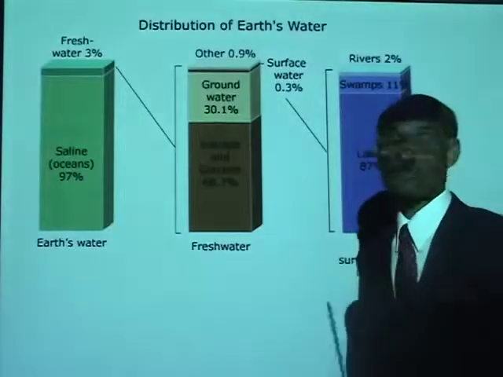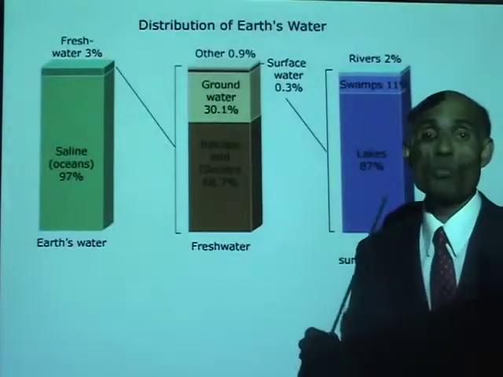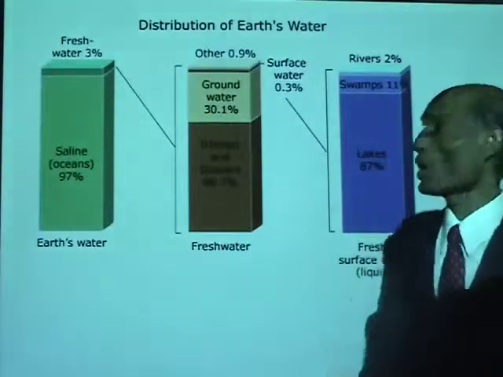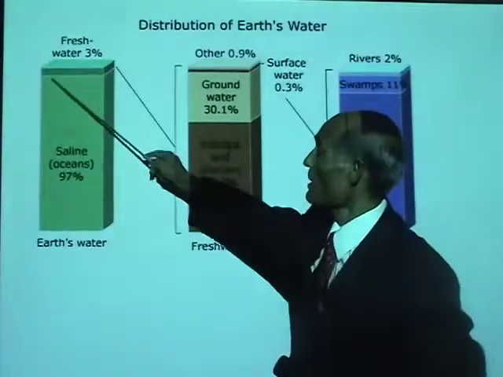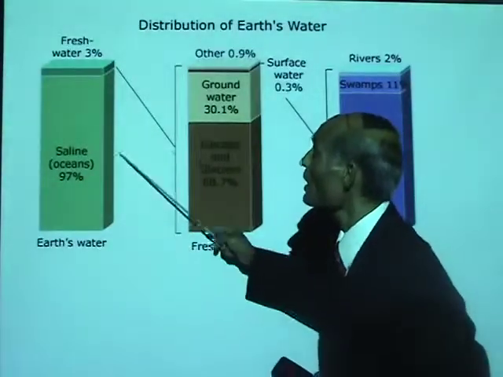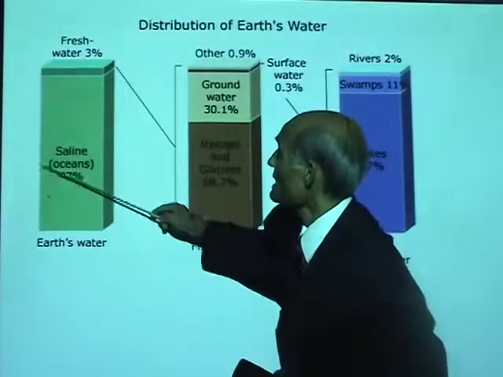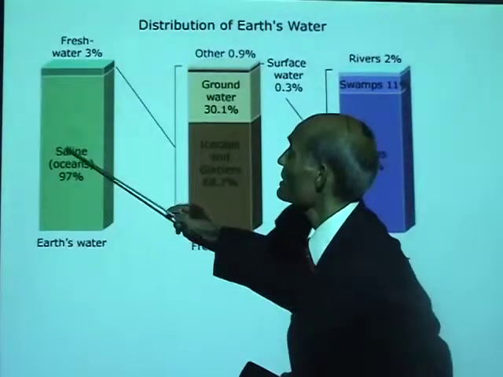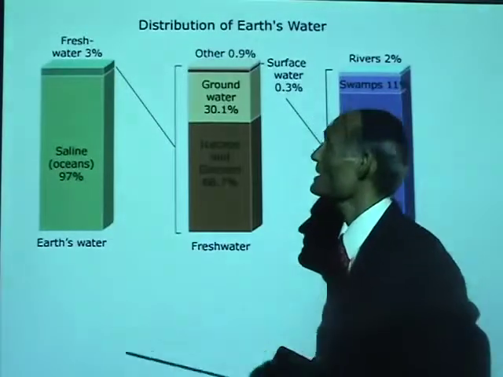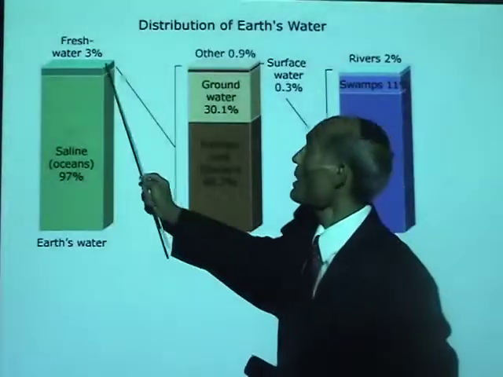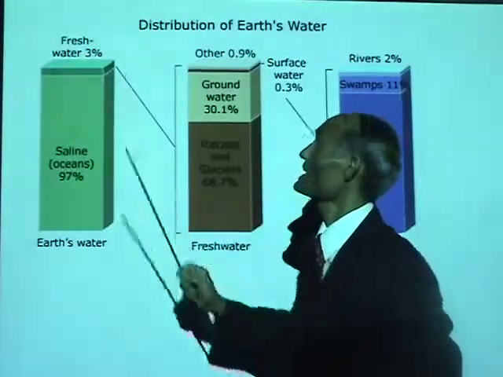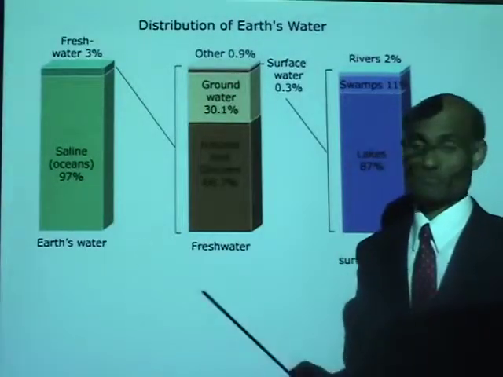Now, I have an illustration here of all the water that we have on the surface of the earth. Now, here is all the earth's waters. Of all that water, 97% is saline water in the oceans, and only 3% is fresh water.